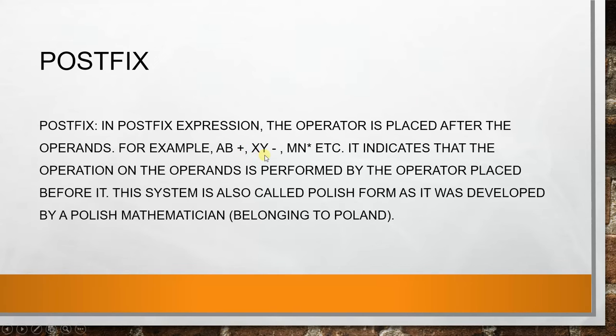AB plus, or XY are the operands and after that you have the minus sign. The operator is after. Similarly, for M and N, after MN we find the multiplication sign, like this.